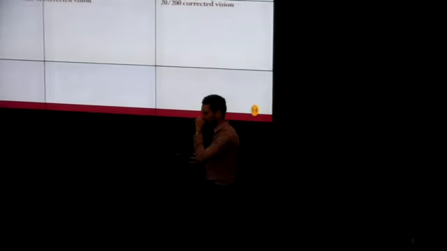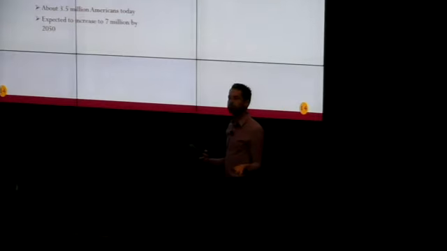So generally speaking, a large proportion of the population has 20/40 vision. So 20/20 is perfect vision. So here what we've got is about 3.5 million Americans today have got 20/40 vision. This is corrected by glasses. Okay?